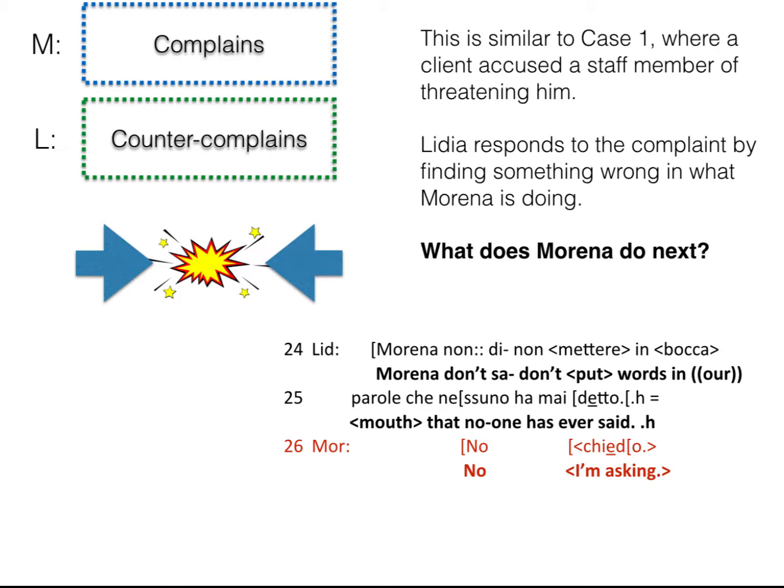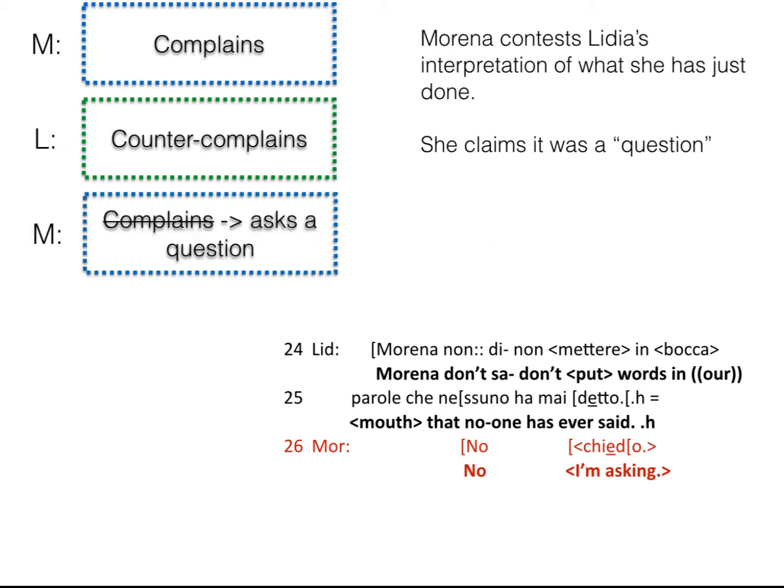It was an assertion. Didn't look like a question at all. However, what she's doing, she's kind of trying to delete the complaint, claim that she did not complain in the first place. So in a way, she's changing what she's doing.